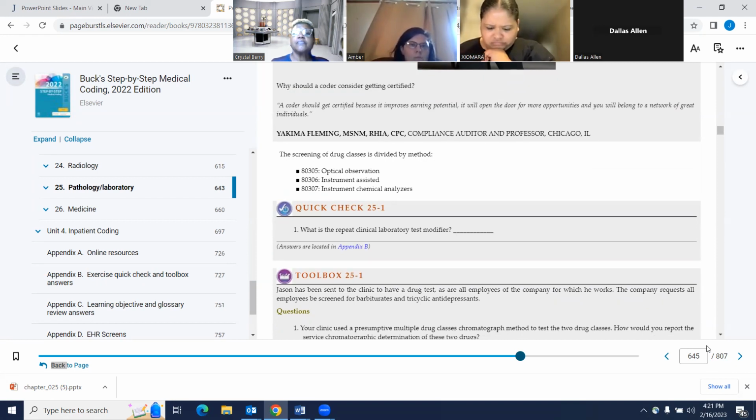Repeat, look at the repeat clinical laboratory test modifier. 59. Yes, 59. So what does modifier 59 state? Distinct procedural service. Right. A procedural service, modifier 59.